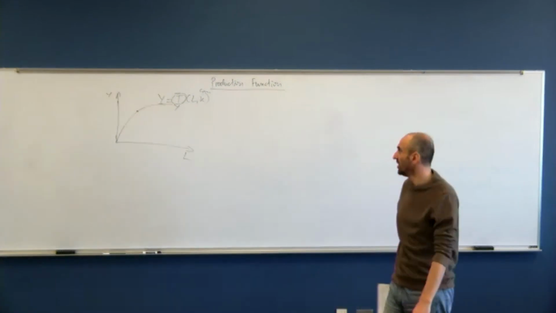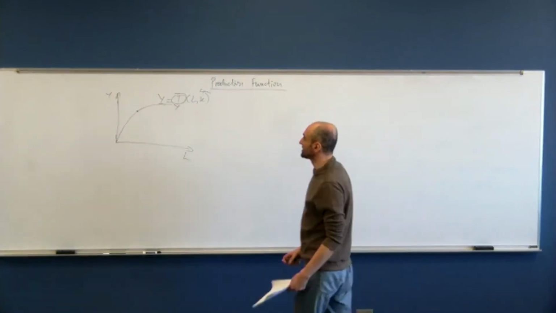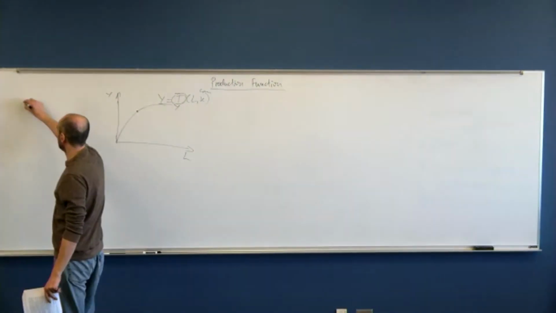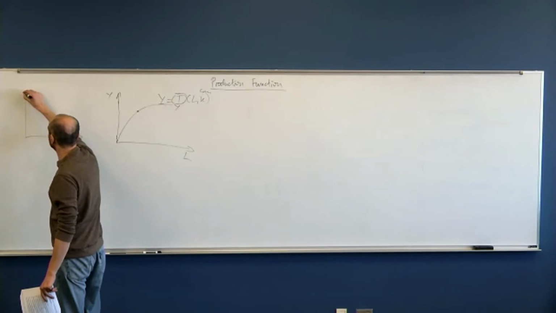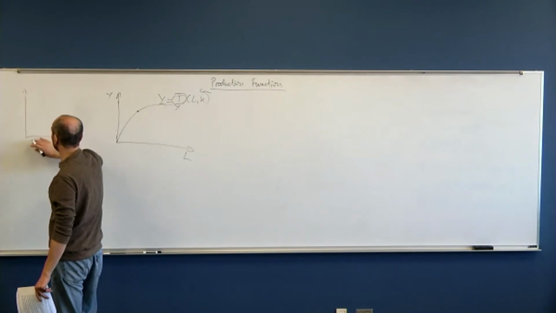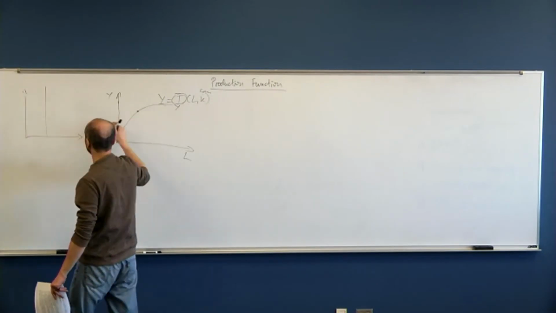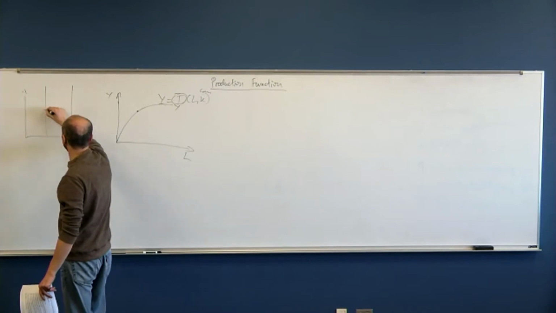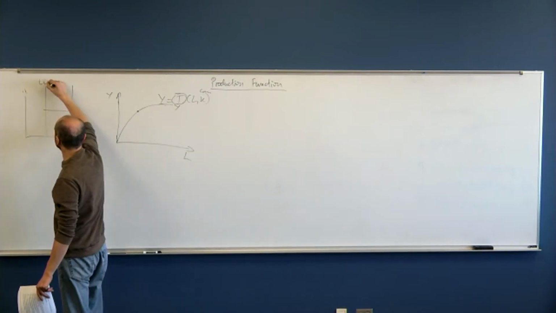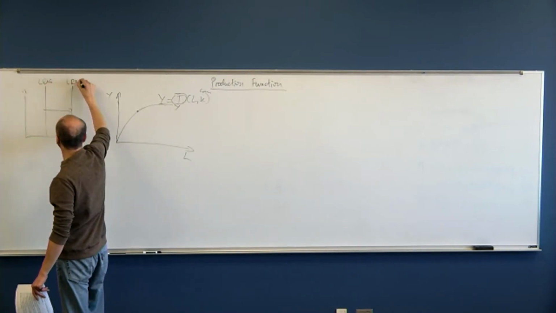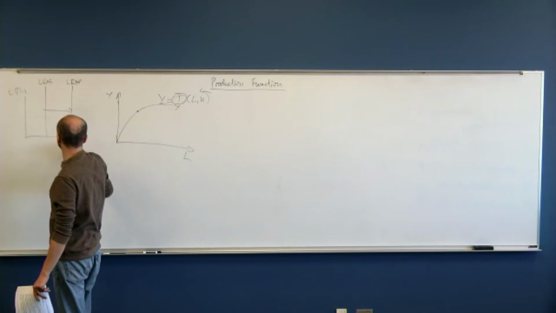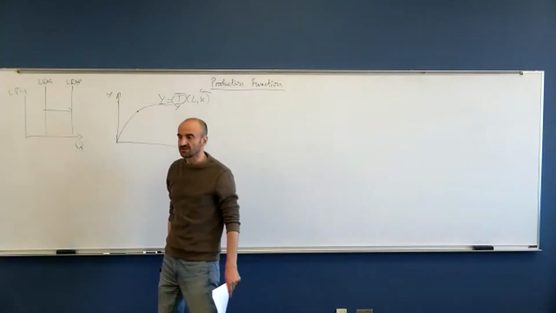Okay, and we've seen then the effects of that for the macroeconomic markets. We've seen that an increase in productivity, in real productivity, is shown as a shift of the long-run aggregate supply curve. So this is the former analysis.